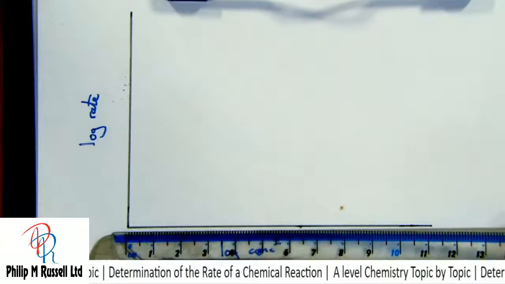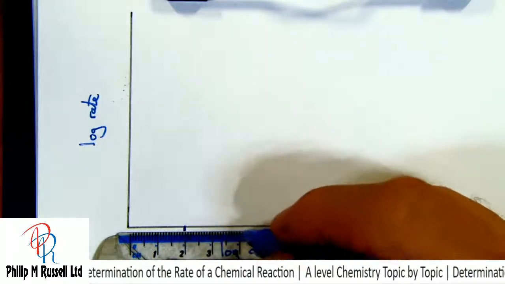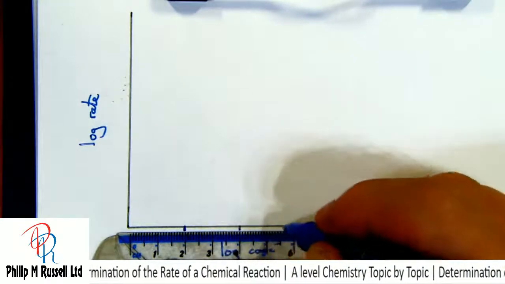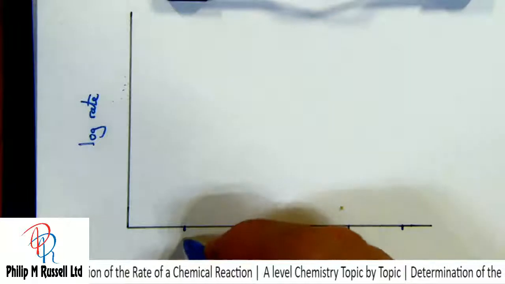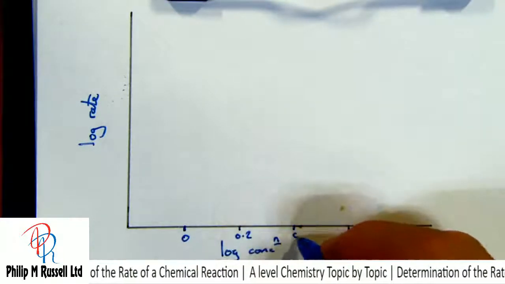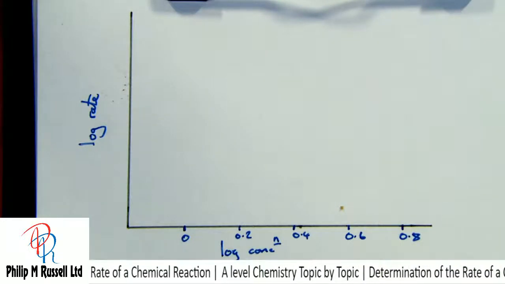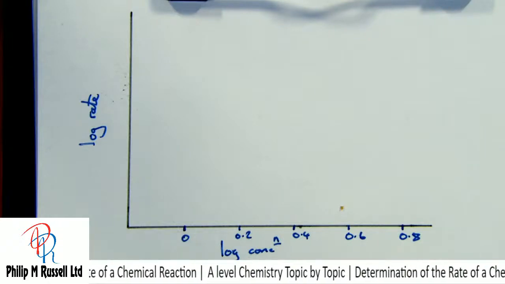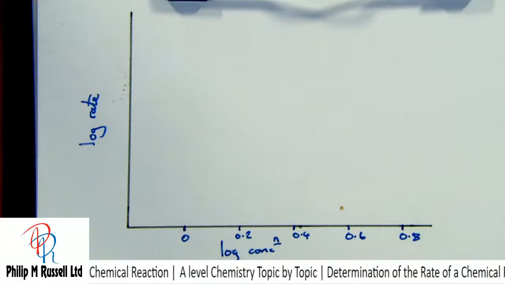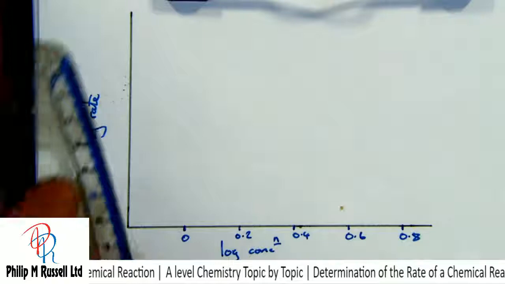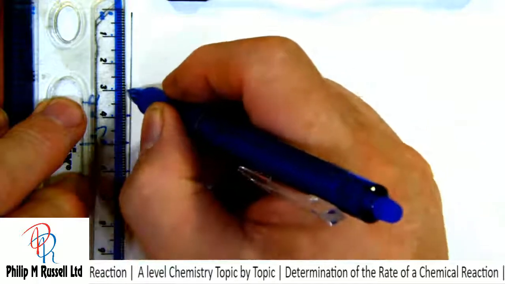So if we put here 0, and we go 2, 4, 6, 8, and then, that's the concentration. I've done it wrong. I wasn't looking what I was doing. I've just put the rate numbers in.